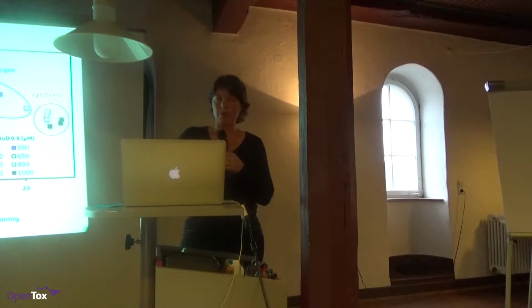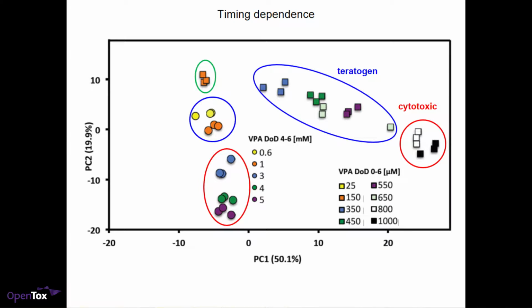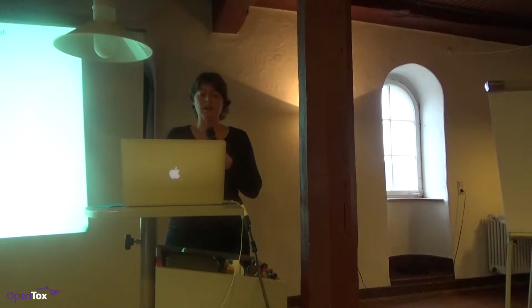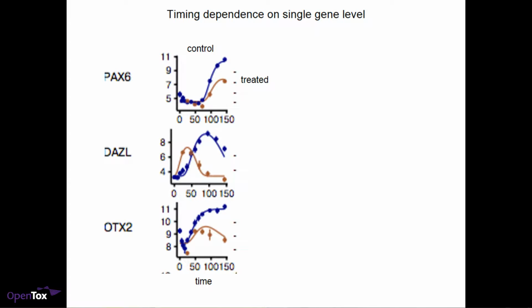So the concentration response is dependent on the timing. This is just one example; we did a big time window study. And these are only 3 examples of our big time window concentration study. Here on the x-axis you have the time, and in blue you see the control, the untreated situation, and in yellow, orange, you see the treated situation.